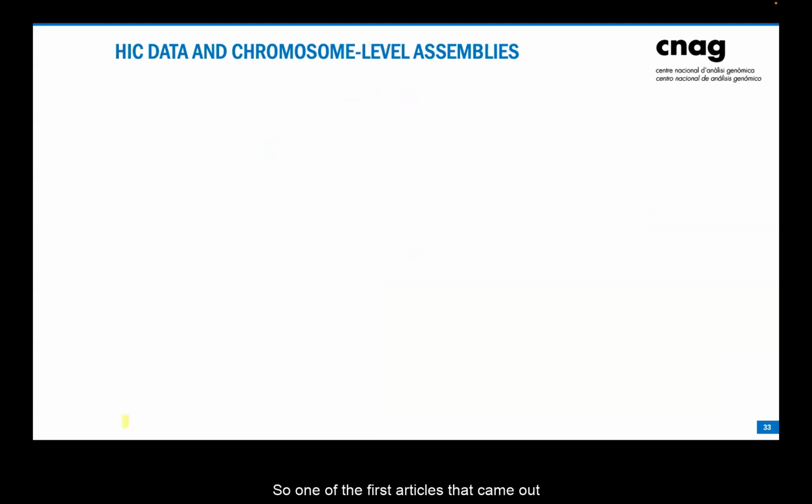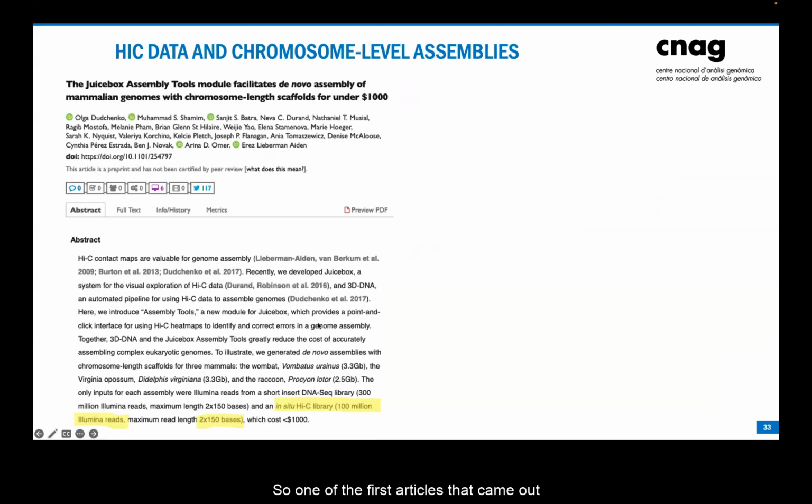So, hey, one of the first articles that came out was kind of groundbreaking. They were aiming at sequencing mammalian genomes for cheap, for under $1,000. This is a paper by Olga Dudchenko. The recipe was to prepare an in situ HiC library with 100 million reads.